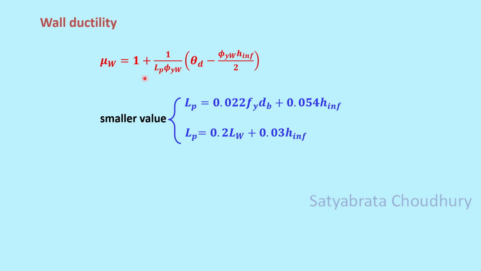We have discussed earlier in some video that a plastic hinge can be either lumped or distributed. When it is distributed plasticity over a definite length, then the length of plasticity is LP. It is given by these two formulae: the first is 0.022 Fy dB, where dB is the diameter of the bar in millimeters, and the inflection height is involved here. The second one considers the length of the wall, Lw. Out of these two, the smaller value is to be considered.